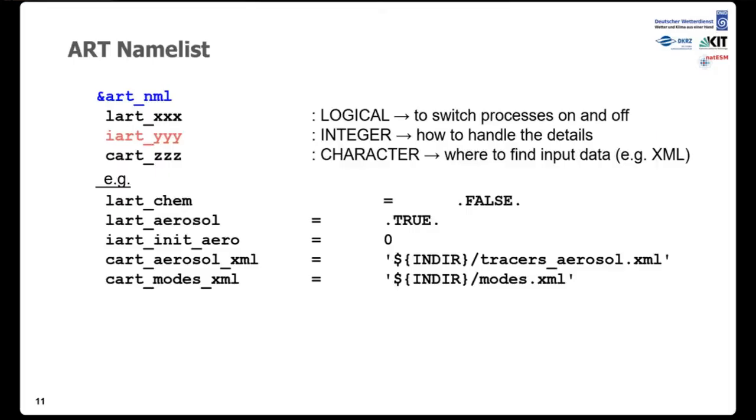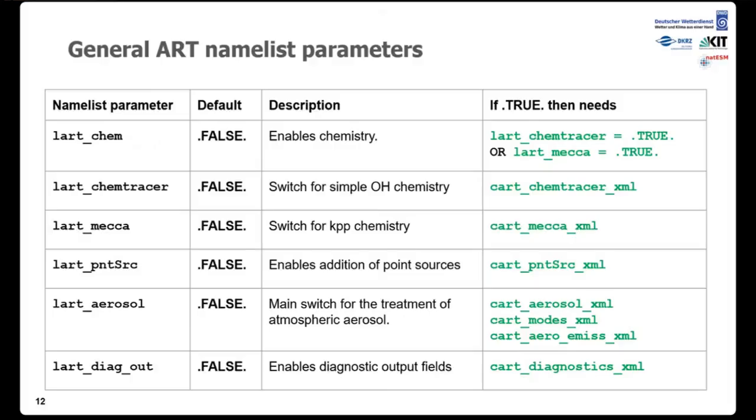When it needs, for instance, to do aerosols, it needs the XML data to know how to deal with the aerosols, which tracers and which sizes are needed. There is also a compatibility or combination aspect that has to be taken into account. For instance, when we put chemistry to true, we have to tell the model which kind of chemistry we are looking at.